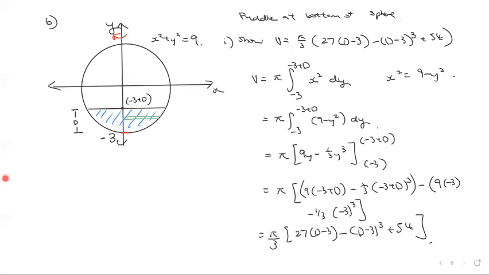All right, part 2. Show that the surface area of the top of the puddle is given by S equals pi times 6d minus d squared. Well, if it's the surface area at the top, then it's really just a circle.